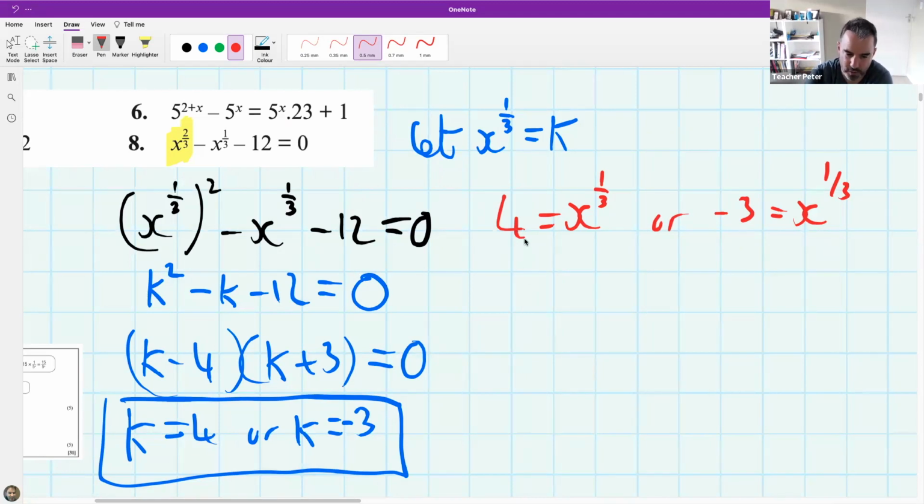What do we need to do, actually? We covered this in the last lesson. When you have 1/3 on this side and you want to make it x to the 1, and you want to make it x to the 1 here, what do I need to do to both sides?